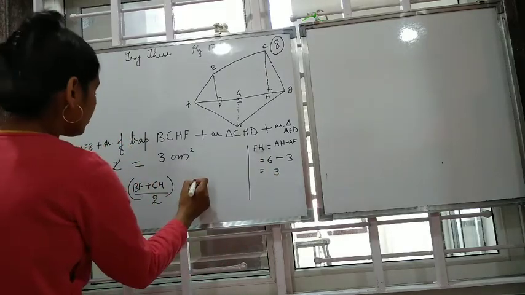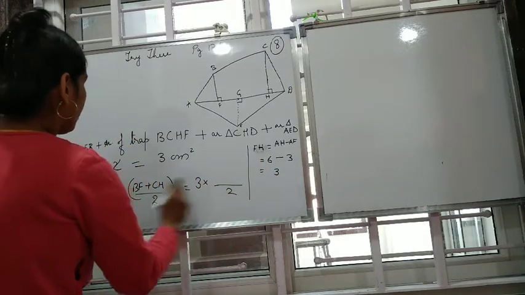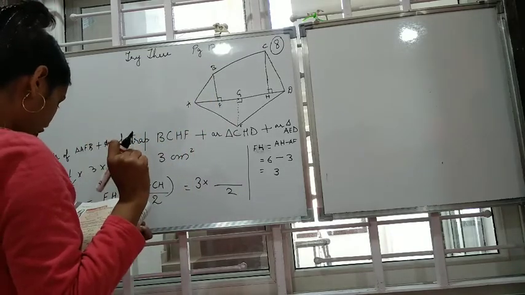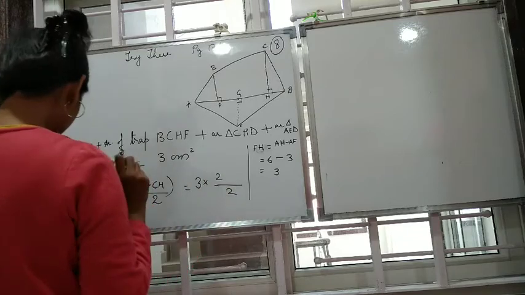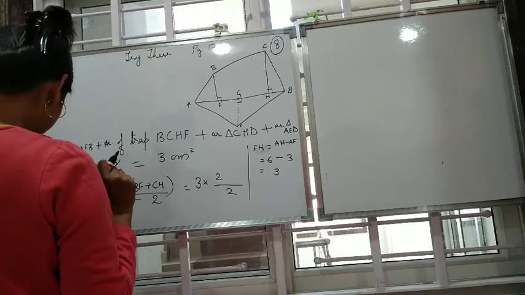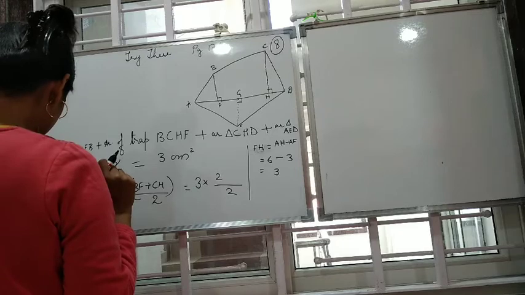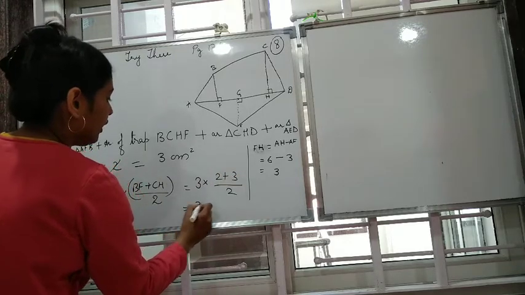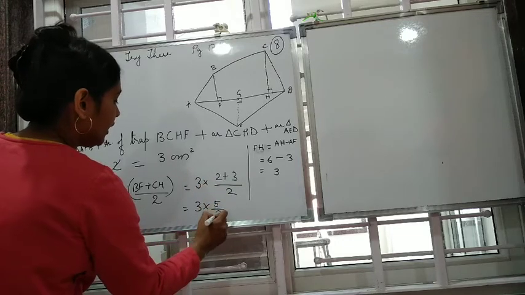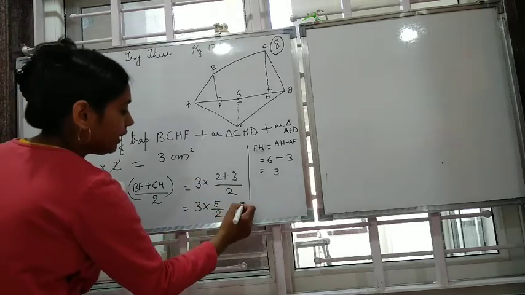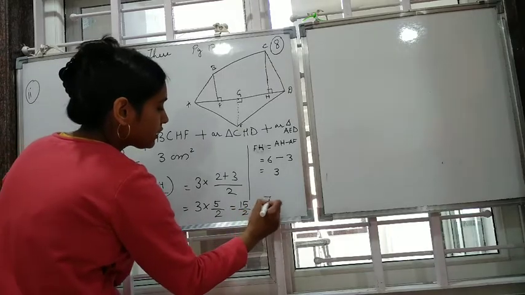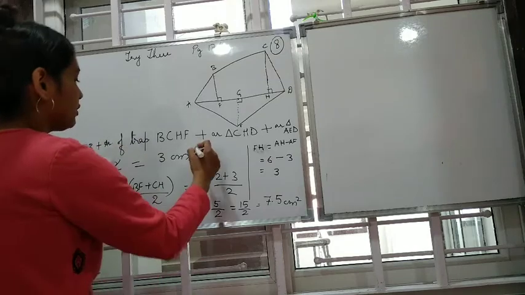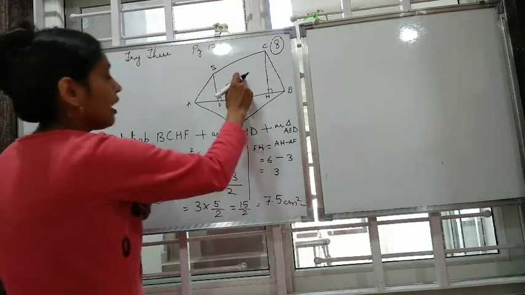So FH is 3. Into, now we need BF. BF is given already, the perpendicular distance, 2. And CH is 3. So 3 into 5 by 2. 3 5s are 15. 15 by 2 gives us half of 15, that is 7.5 centimeters square. This is the second area, the area of the trapezium.